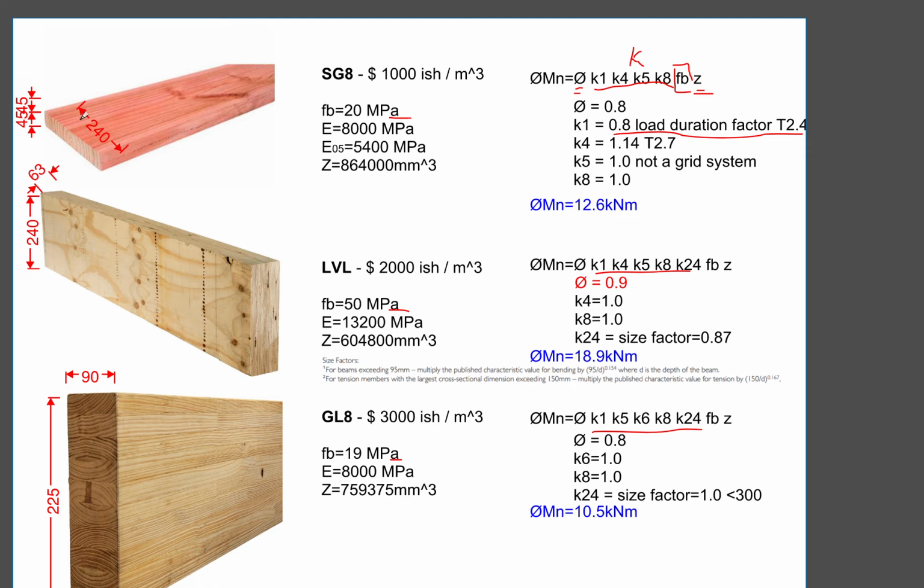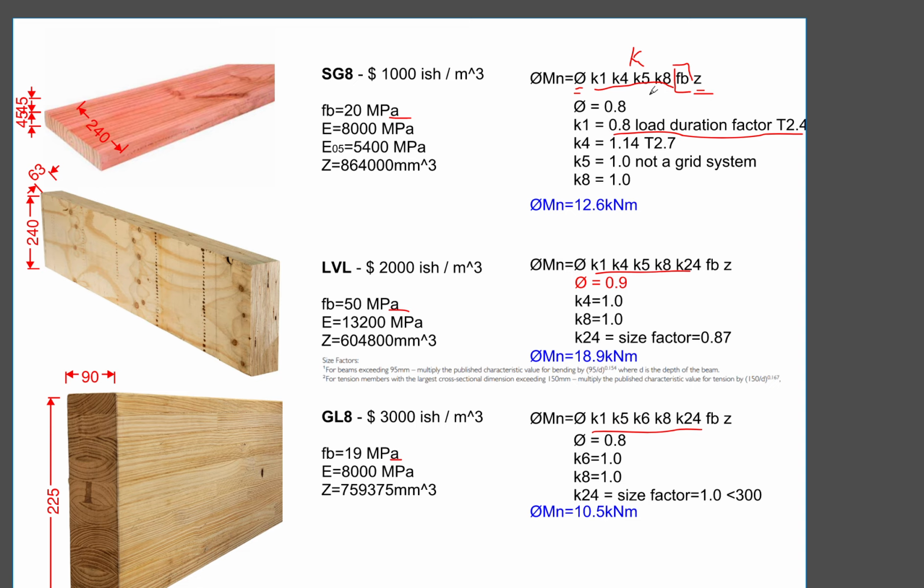For example, if I've got 2 SGA members side by side, I've got 2 members. For a starter, a minimum of 2 members increases your strength by 14%, so 1 times 1.14. But for the LVL and the GL8, I'll sometimes just take it as 1, just being conservative.